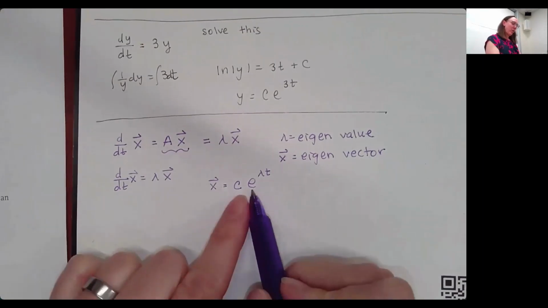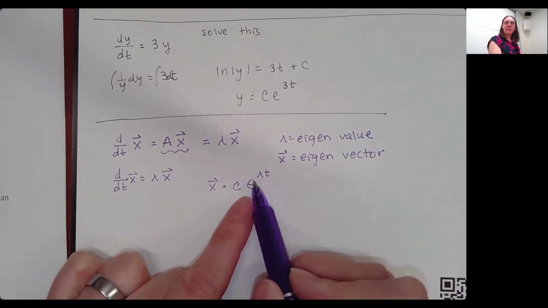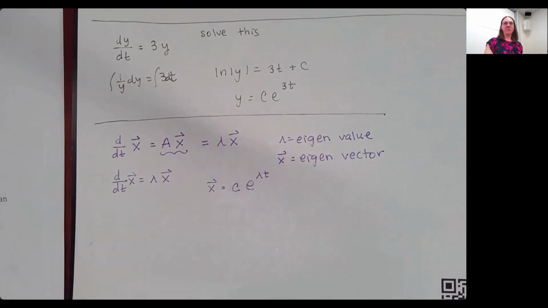The thing is, we know that when we do this, we get two eigenvalues and two eigenvectors if it's a 2x2 system.